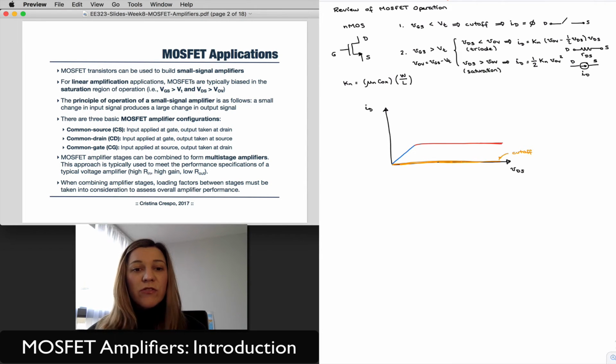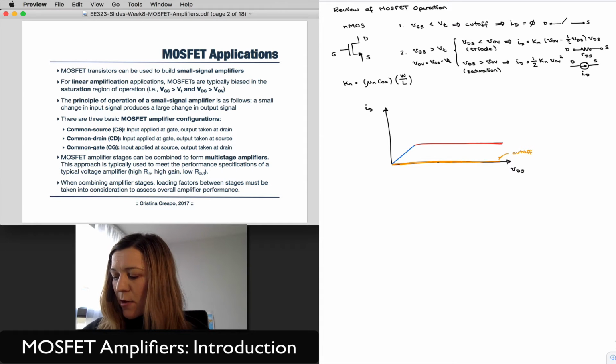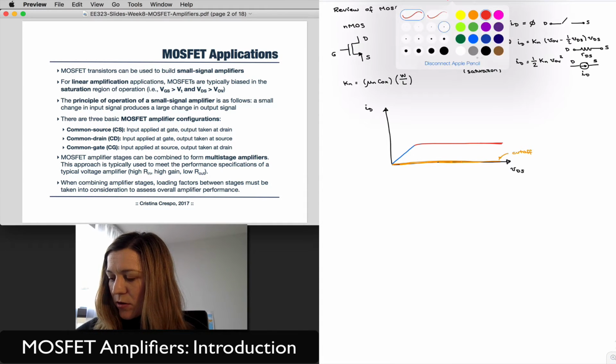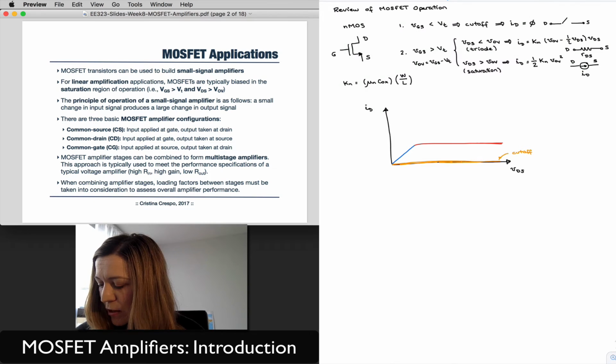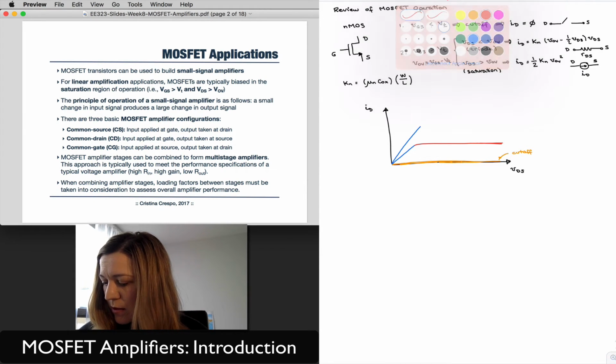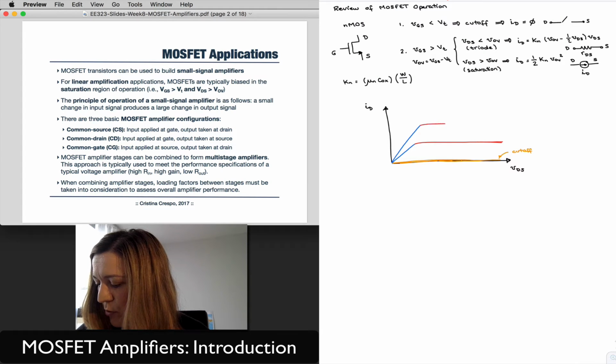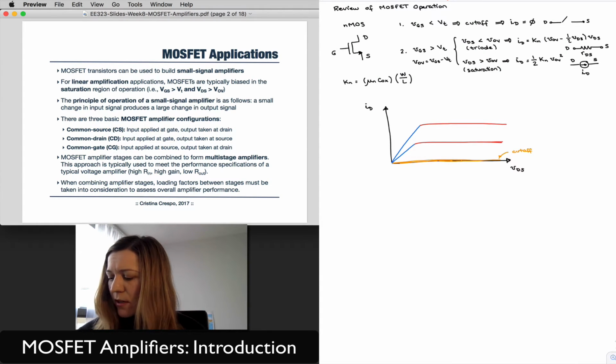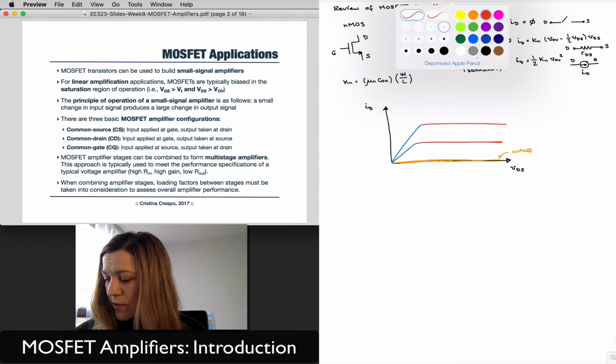Not quite, because as we have seen, there is the channel length modulation effect, and so there is actually a bit of a slope there because of the non-infinite output resistance of the transistor. And so I can draw a family of curves corresponding to different values of VGS, increasing values of VGS.